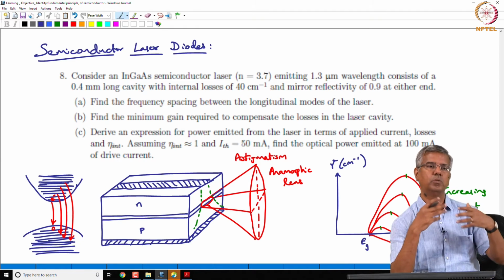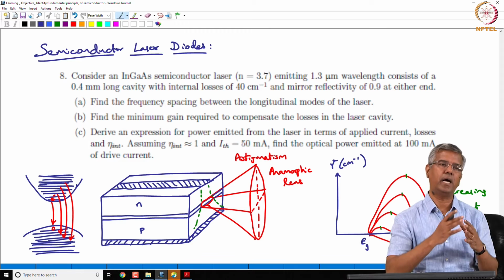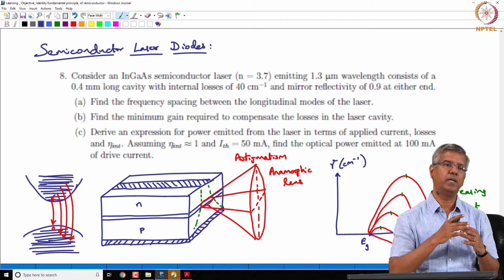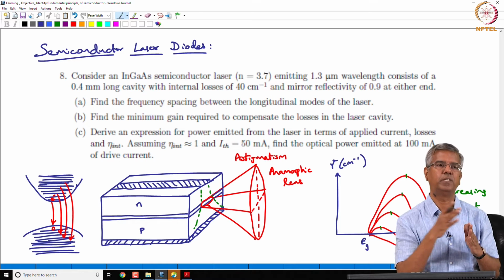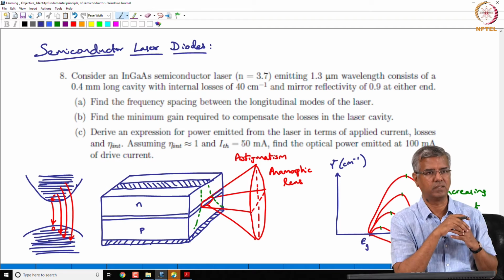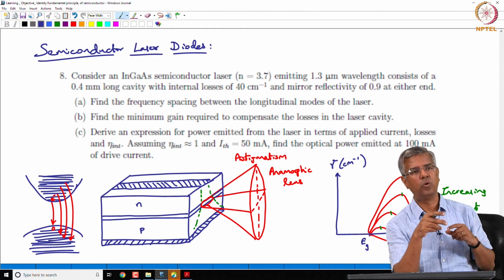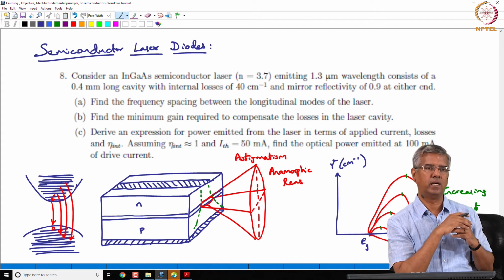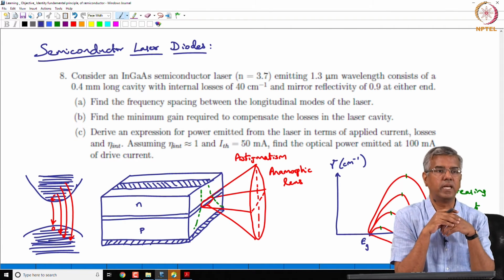But as you populate more and more electrons in the higher energy levels, you start having the possibility of the peak shifting to higher energy levels, because you are starting to have more electrons in the deeper states, and then you would have this emission.